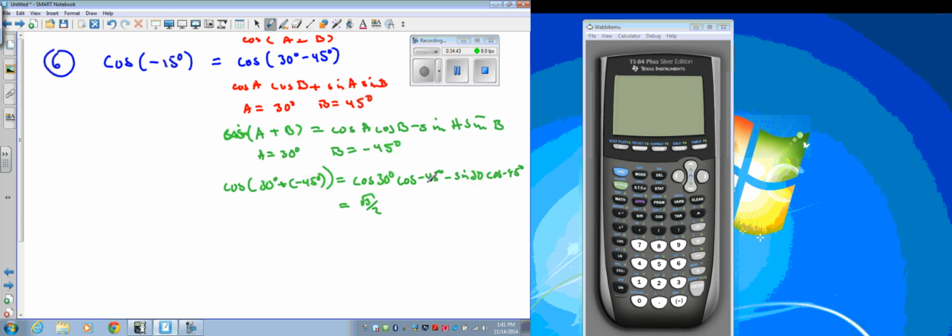Now cosine of minus 45, that's going down, so the x value still remains positive, a positive square root of 2 over 2. And then it's minus. Now it's sine of 30, so we're coming up. That's going to be 1/2.